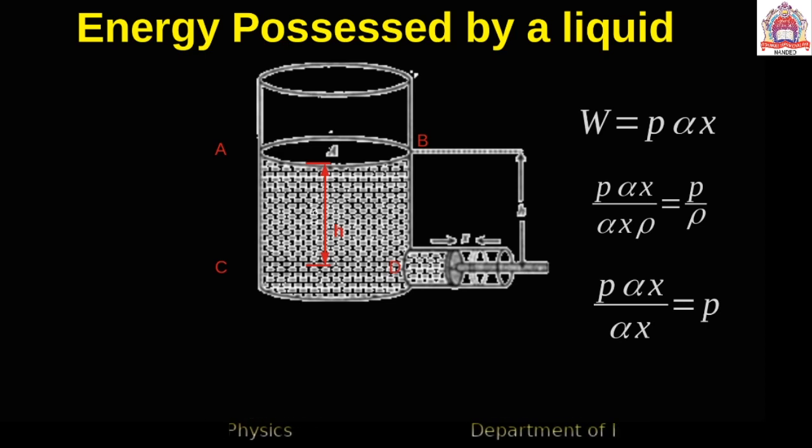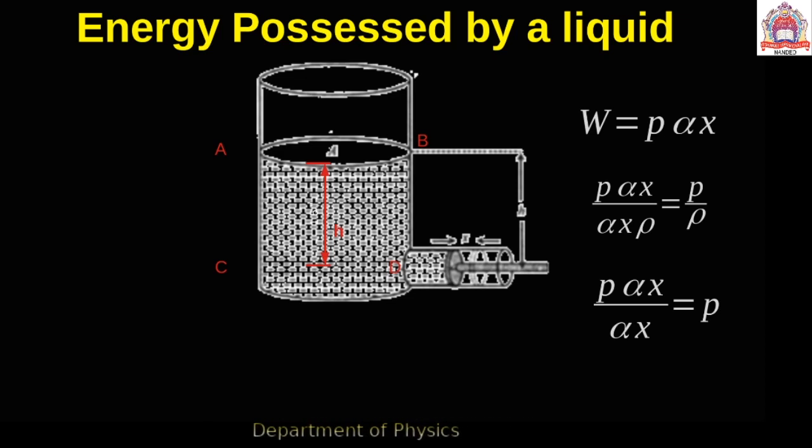Thus, if a mass m of the liquid is flowing with velocity v, its kinetic energy will be half mv square. Hence, the kinetic energy per unit mass is equal to half v square, and kinetic energy per unit volume is half rho v square.